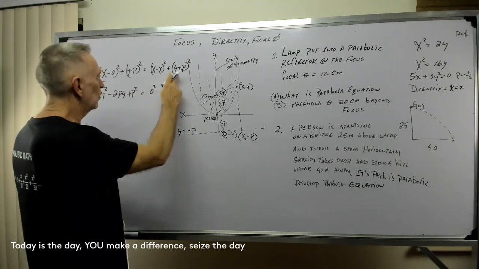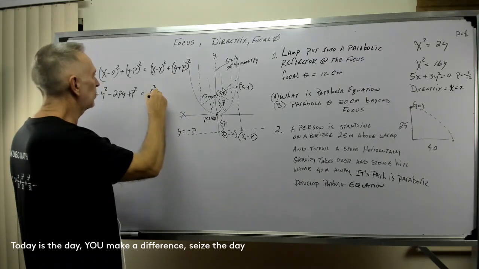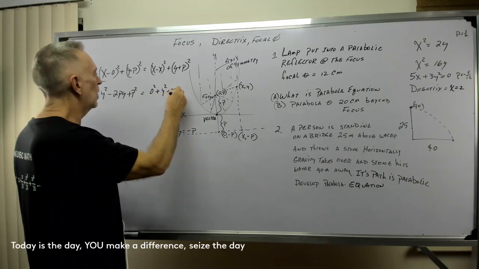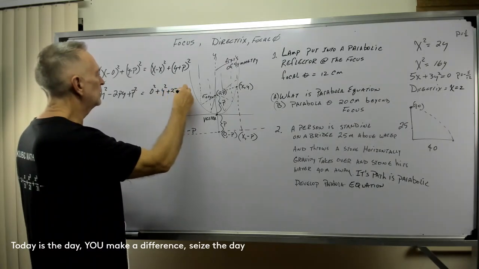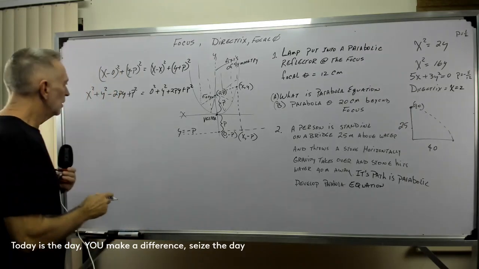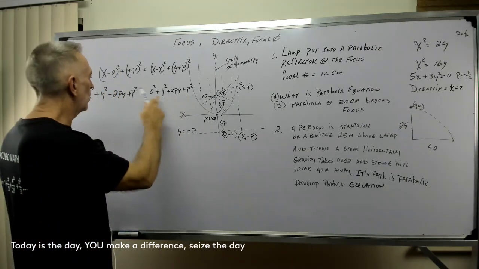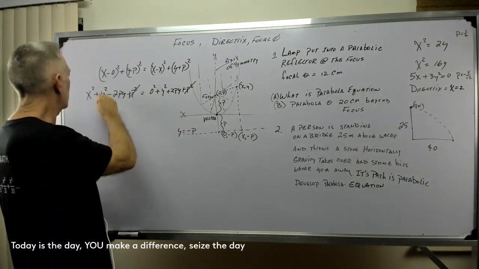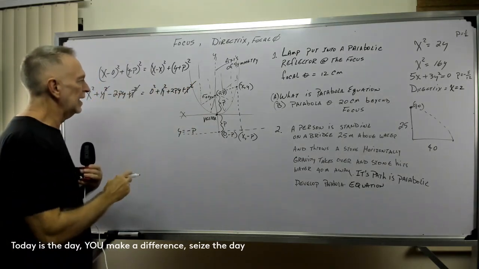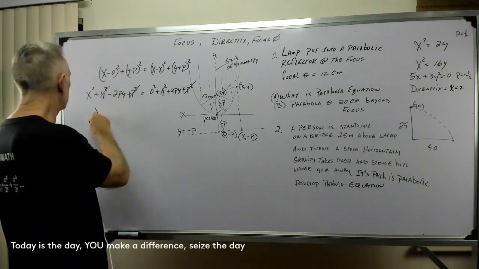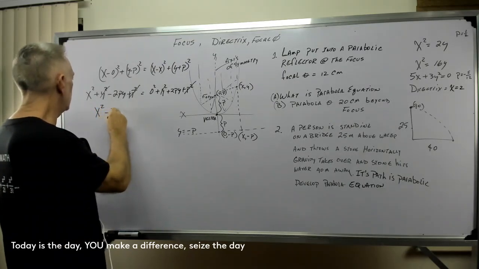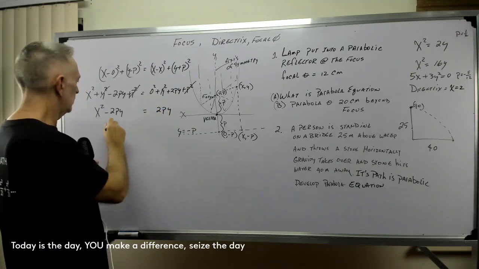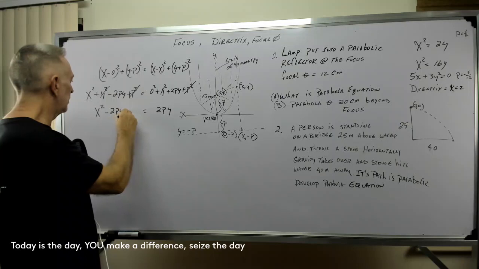And now y plus p squared would be y squared plus 2py plus p squared. If I subtract p squared from both sides, that cancels. If I subtract y squared from both sides, that cancels. So I end up with x squared minus 2py equals 2py. Well, let me add 2py to both sides.